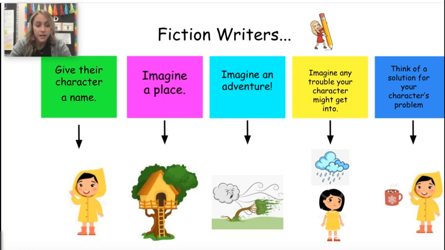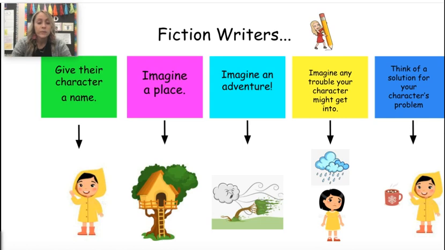The steps are the same. We're going to give our character a name, imagine a place, imagine an adventure, imagine some trouble our character might get into, and then think of a solution for our character's problem. So I'm going to read you a story that a kindergartner wrote from a different class.